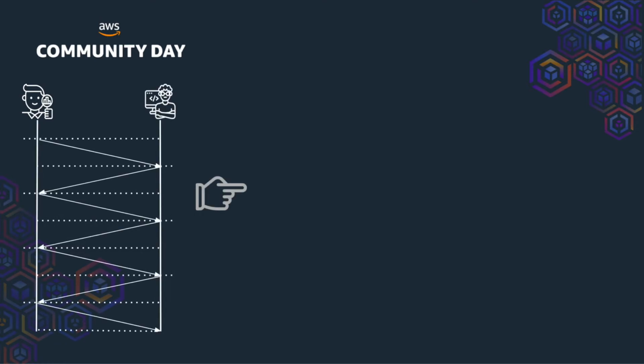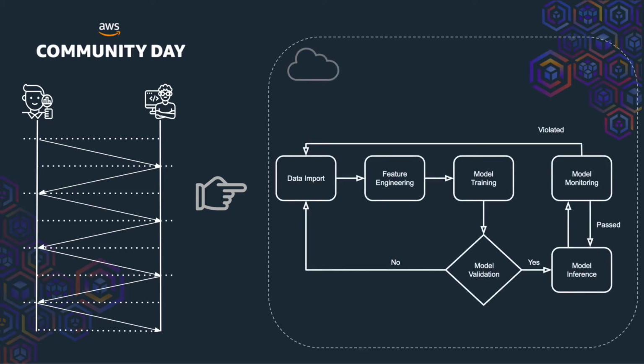So the goal is to turn this handshake manual process into an automated machine learning workflow in the cloud environment, which can be shared between the two parties, and potentially implementing such a workflow within a serverless architecture.